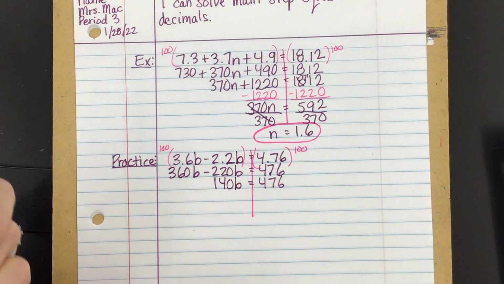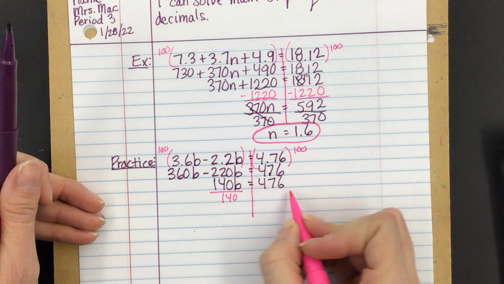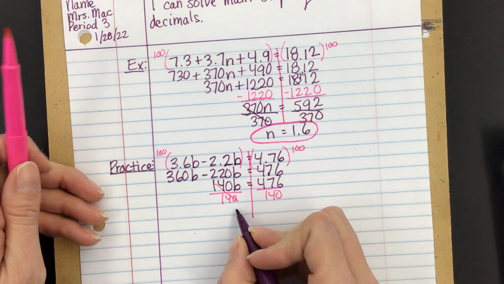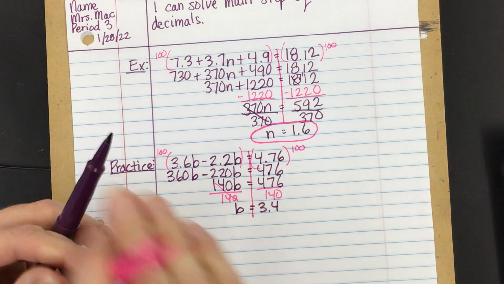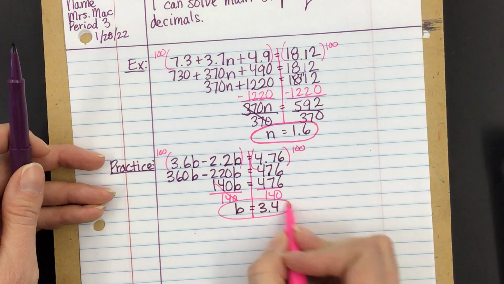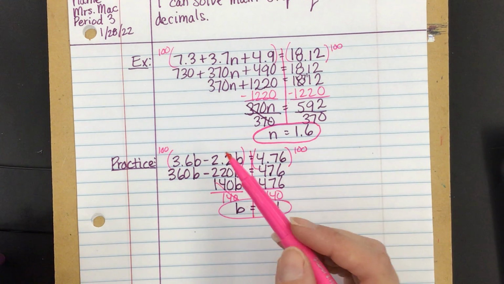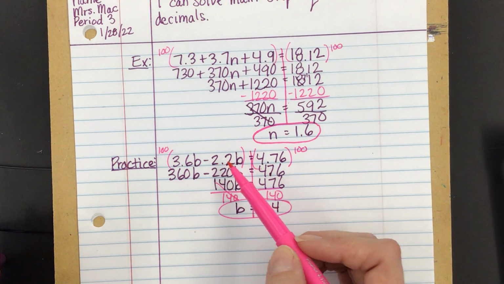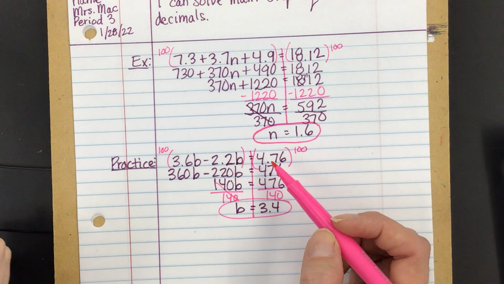What'd you guys get on this? 3.4. 3.4? Yeah, that looks right. And if you were going to check your answer for this, you could use a calculator and do 3.6 times 3.4 minus 2.2 times 3.4 and see if it equals 4.76, okay?